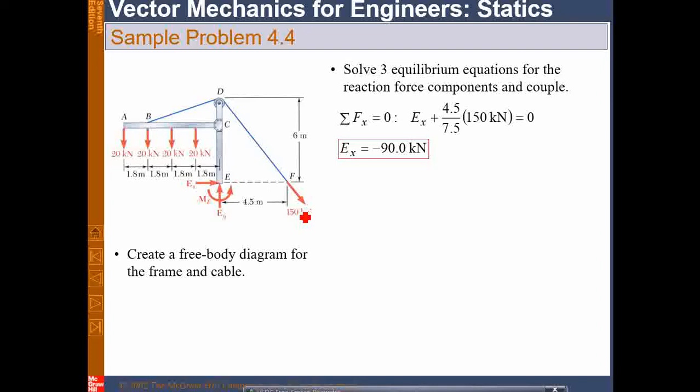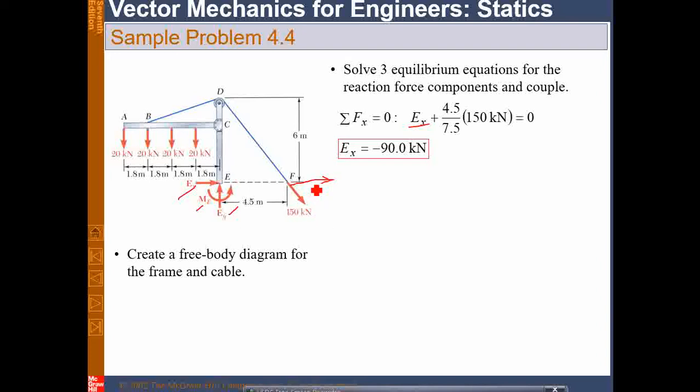First of all, we'll use the force balance. Now remember what we need to find out: these three equations, 1, 2, 3. To obtain these three equations, first of all, we'll find the force balance in all the x components. This is one component Ex, and another component will be the component of this in this direction.